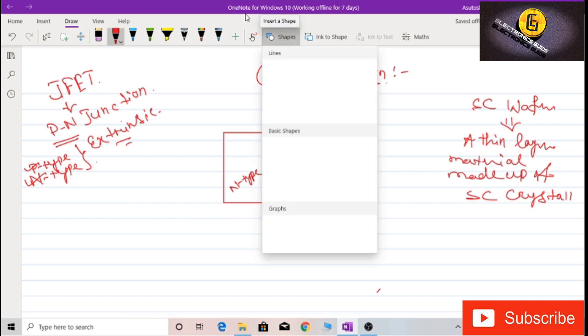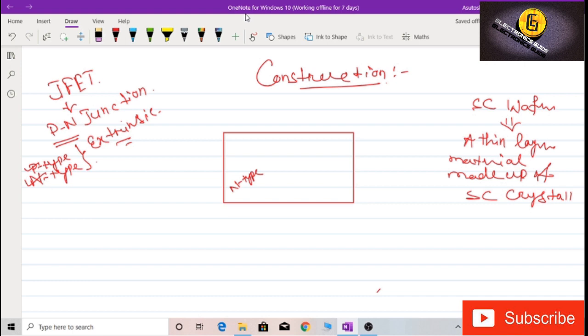The next step is to grow a region by using the other type of semiconductor. Other type means we are using N-type as substrate, then we have to grow this region using P-type material. Then in this area also we have to grow by using P-type material.